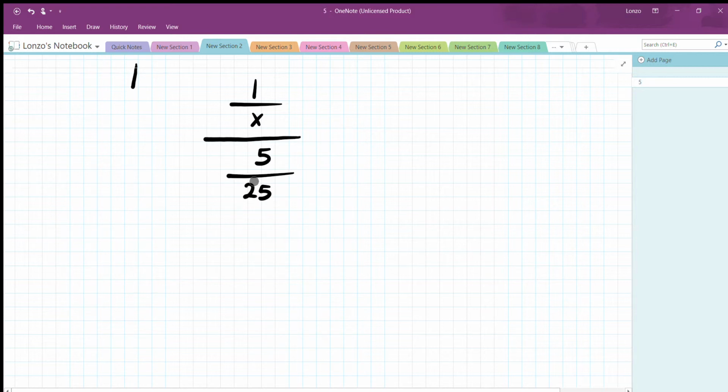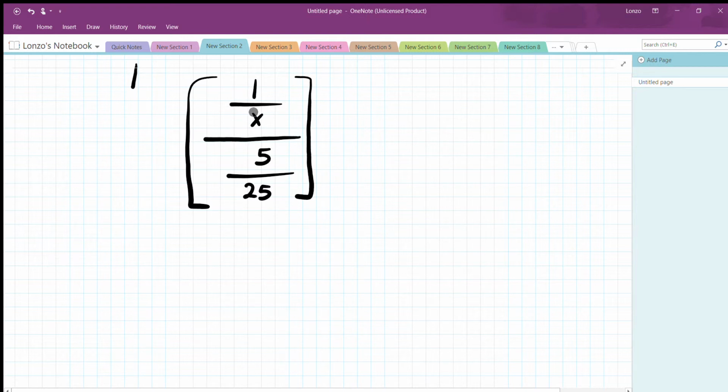I'm going to show you two ways, and then you guys pick one way. One way I really like to do is what's called the bracket process. So we have 1 over x divided by 5 over 25.